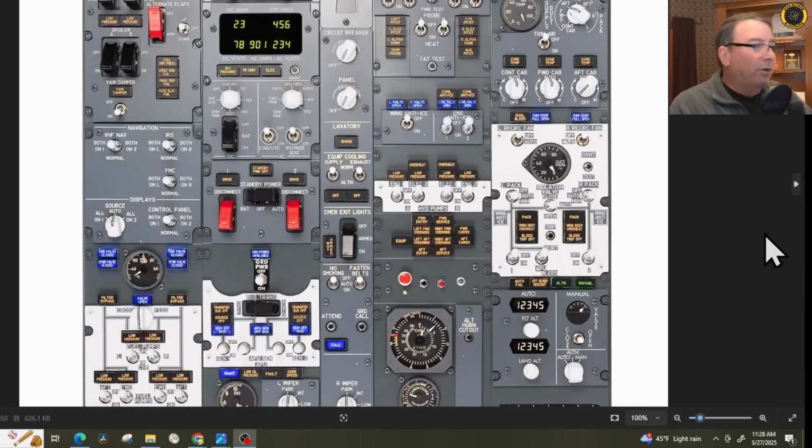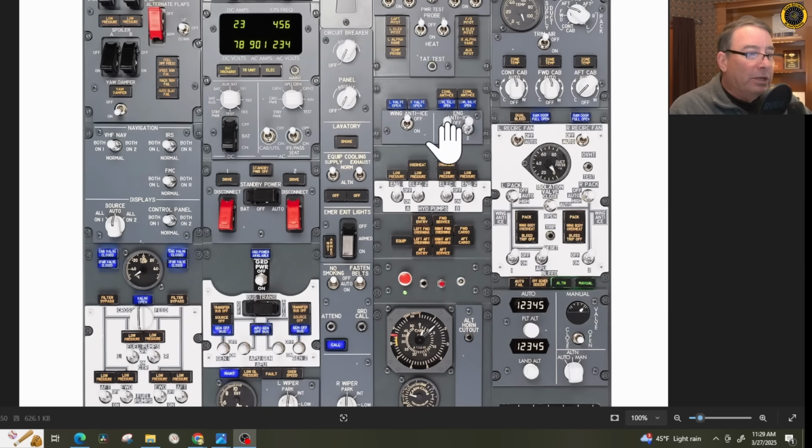And if we look at the overhead panel of the 737, the aircraft involved in the accident was a Dash 400. This is kind of a generic overhead panel for the 737. The engine anti-ice switches are located right here, left and right engines, or engine number 1 and engine number 2, engine anti-ice off. So this is in the overhead panel, overhead the pilot's head.